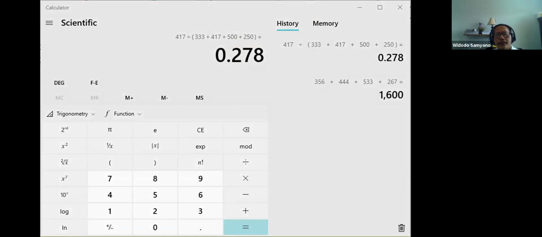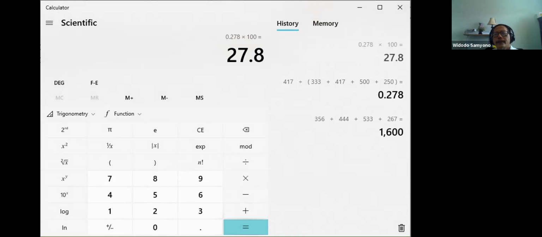And then click equal, so you got that number, okay, and then multiply by 100%, multiply by 100, equal, and then you need to round to the nearest whole percent, right?